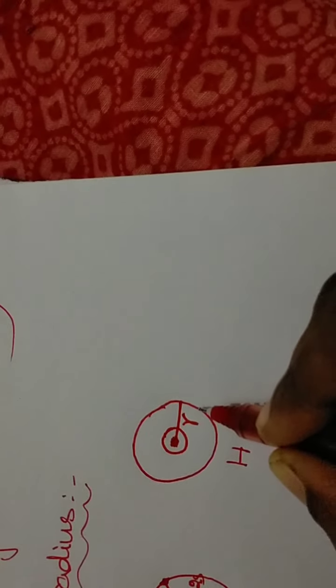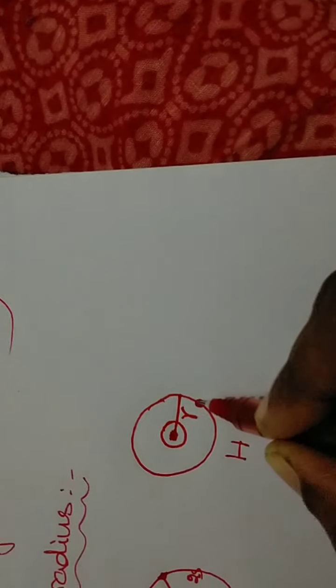Okay, so you can take hydrogen. In hydrogen, we have only one orbital, and this orbital contains one electron. So from the center of the nucleus to the outermost shell. What is the outermost shell?